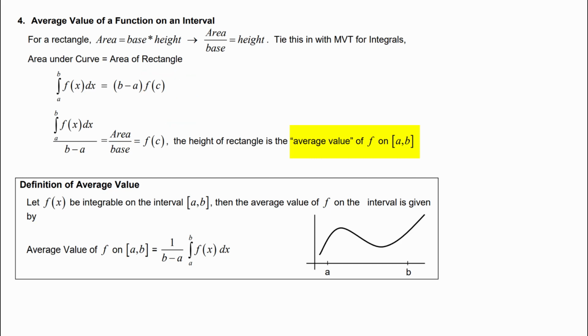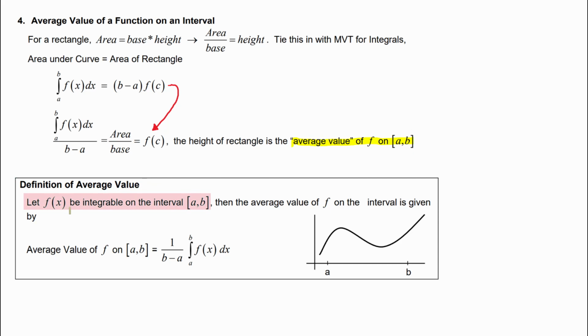To find the average value of a function, all you have to do is divide both sides of this equation by b minus a to get f of c equal to the area under the curve divided by b minus a, and that is called the average value of a function f on a to b. So here is the definition of average value.